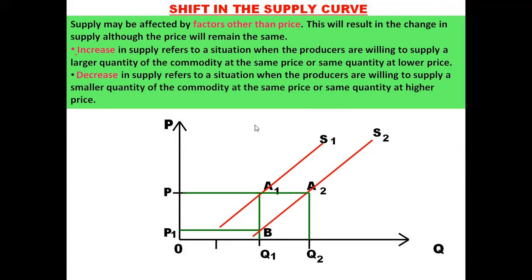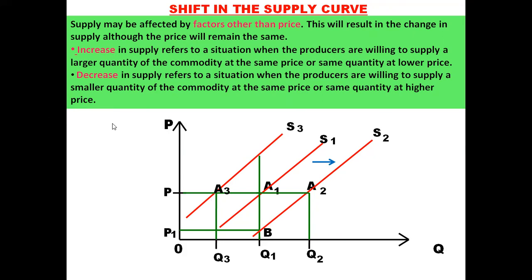And decrease in supply means producers are willing to supply less quantity at the same price. So the price remains the same. The producers are willing to supply this much, Q3, and the supply curve shifts leftwards to S3. And we get a point A3. So there's a leftward shift, but it is also possible that the same quantity is supplied at a higher price.